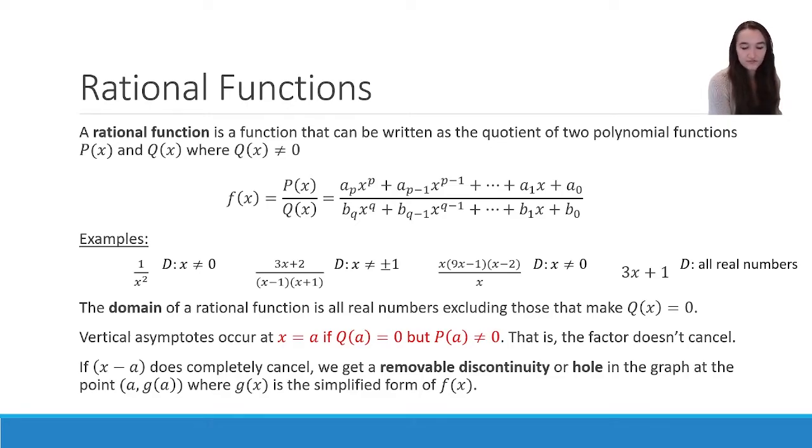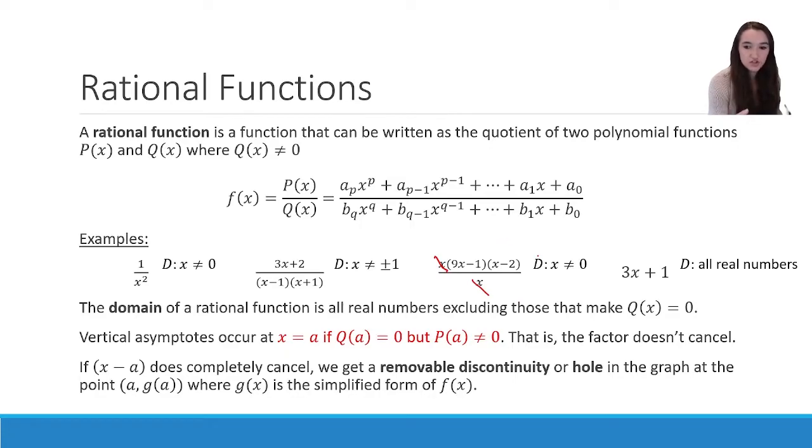However, if our factor, x minus a, does completely cancel, we get a removable discontinuity or hole in the graph at the point a, g of a, where g of x is the simplified form of f of x. So in other words, this function right here can be simplified where I will cancel out these x's.